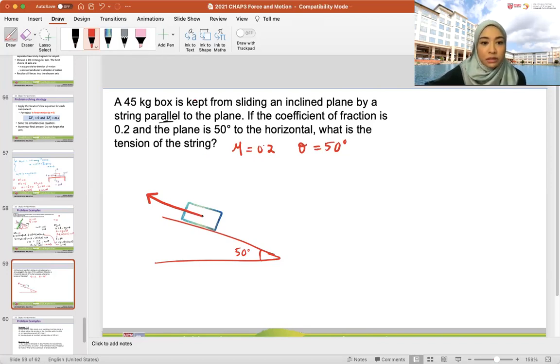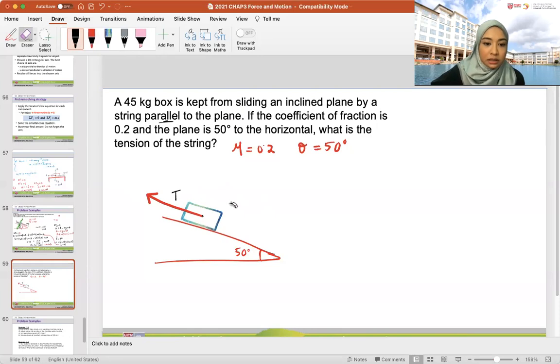Okay, a 45 kilogram box is kept from sliding an inclined plane by a string parallel to the plane. So maksudnya kat sini, the string is trying to prevent the box from moving. So dia tarik lah kiranya. So dari segi logik lah, box kita akan slide ke bawah. So kalau kita ada string, string tu mestilah dekat sebelah yang tak menggelongsor kan. So this would be our string over here, and we need to find out the other forces that is happening on our box.